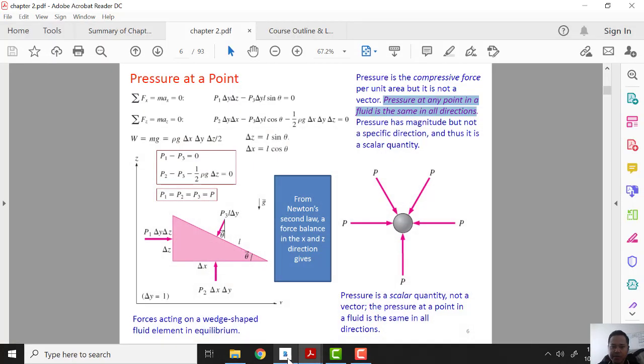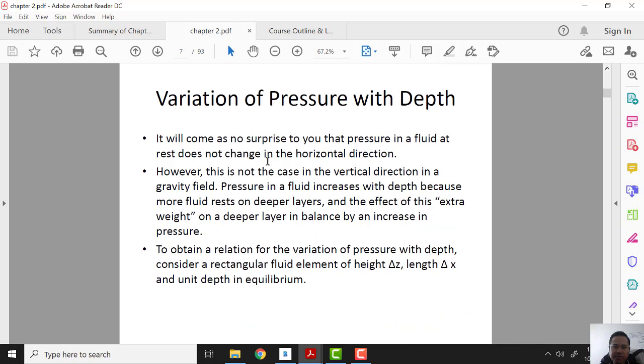Next we'll be looking at the variation of pressure with depth. What does the variation of pressure with depth mean? To put it simply, it will come as no surprise to you that the pressure in a fluid at rest does not change in the horizontal direction.